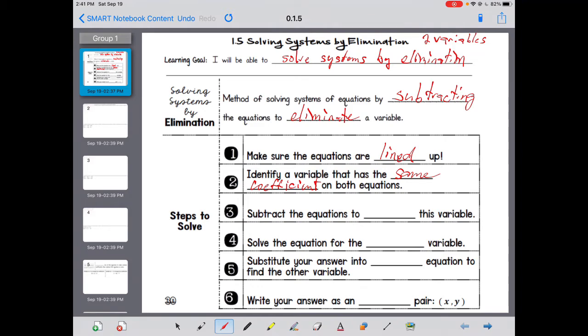What we mean by the coefficient is the number in front. Then we're going to subtract the equations to eliminate. Technically subtract. What I'm going to do is add the opposites. Solve the equation for the remaining variable.